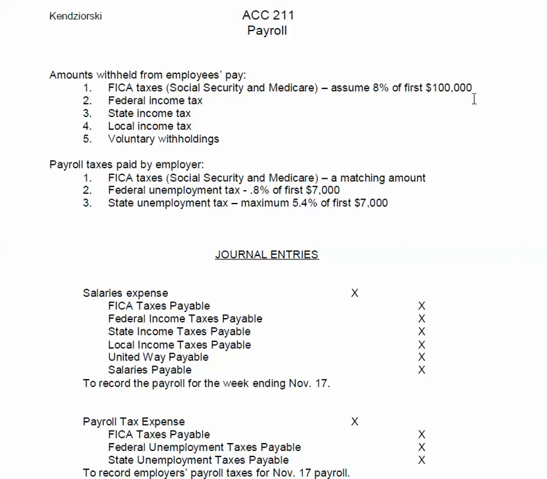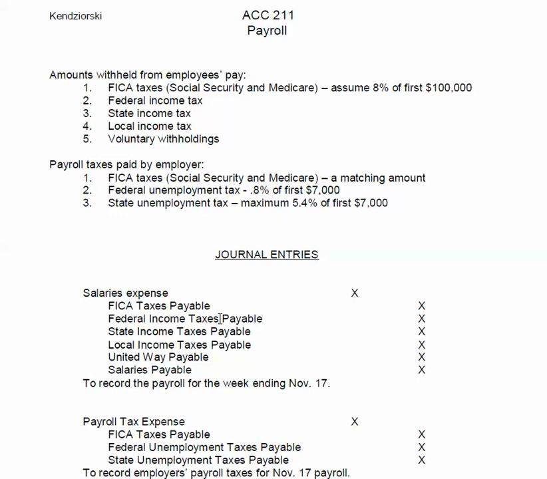So if a person earned $1 million a year, only the first $100,000 would be subject to the Social Security and Medicare tax. So this is definitely a tax that hits the lower income people significantly harder than upper income people. Now we also see federal income tax, state income tax, and local income tax.